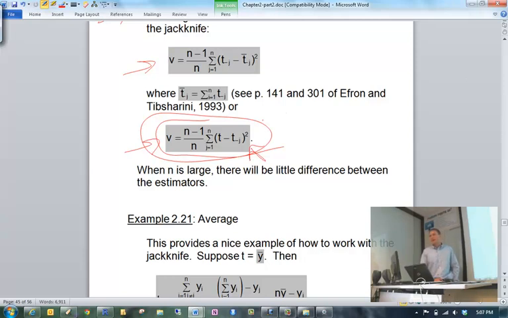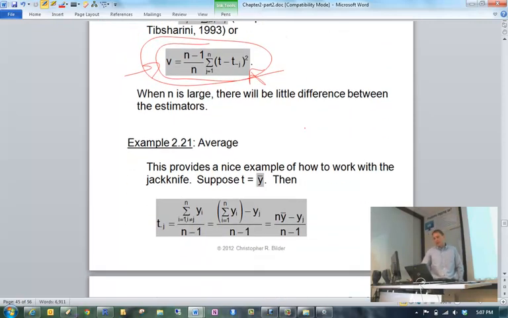And so I had to explain to him, see such and such reference. This is often referred to as a plug-in estimate. The referee was okay with it, so everything was great, and the paper was published. So I just want to at least mention that this is often a more used formula out there. Okay.